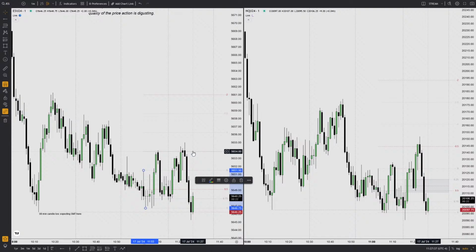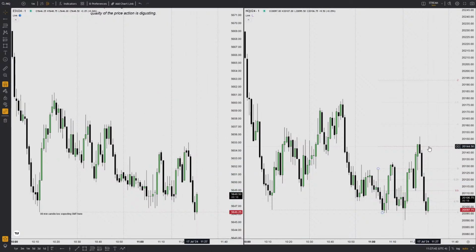Right, I'm going to remove the fibs here. Right now those fibs are invalidated. Still going to keep the lows down here.